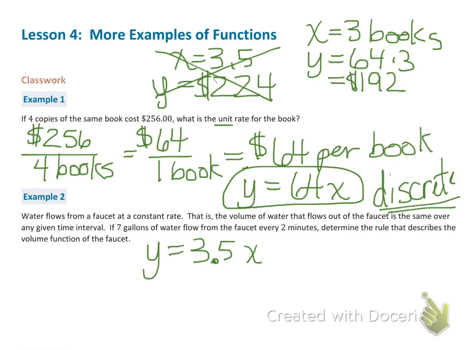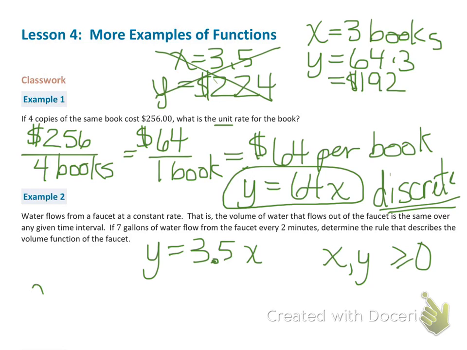So the restrictions on x were that x and y be greater than or equal to 0. You can't have negative volume, you can't have negative time. So would this be a continuous function or a discrete function?